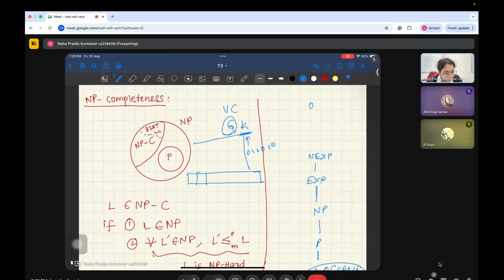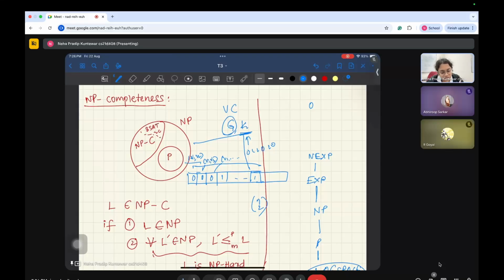I can fix for myself that the first bit corresponds to the pair v1 v2, then v1 v3, with some ordering that we have already agreed upon. Basically these are all the pairs, n choose 2 pairs. When I say 0, it means there is no edge between v1 and v2. When I say 1, it means there's an edge. So if I just give you this 0 1 binary string, can you construct a unique graph out of it? Yes, I can.